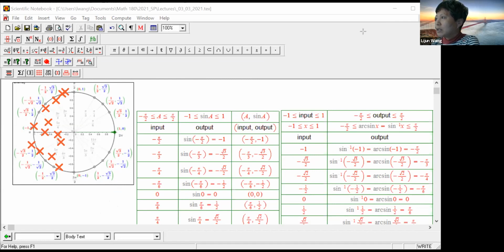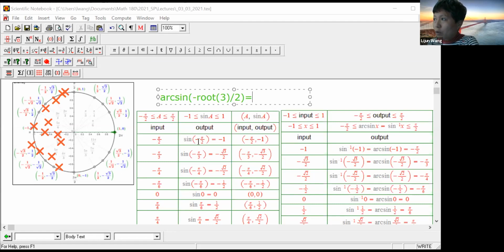I'm gonna write it down somewhere. Suppose I'm interested in arcsine of -√3/2. I will rewrite this in better notation, because this software doesn't do that.